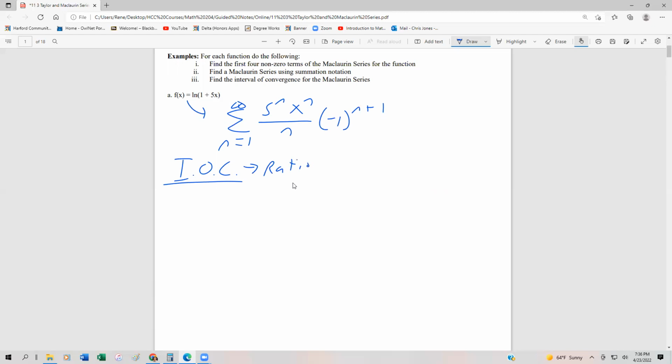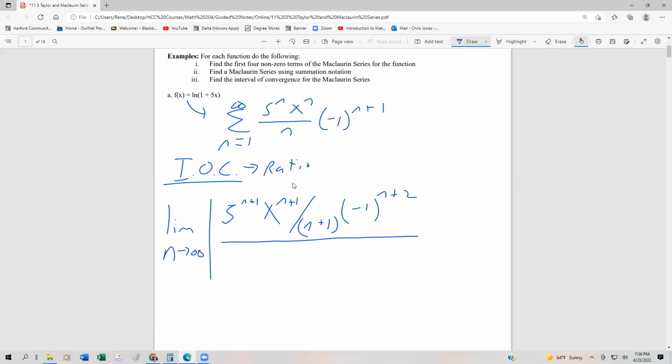To do that, we're going to take the limit as n approaches infinity. We're going to plug in n plus 1. So 5 to the n plus 1, x to the n plus 1, divided by n plus 1, and then -1 to the n plus 2.